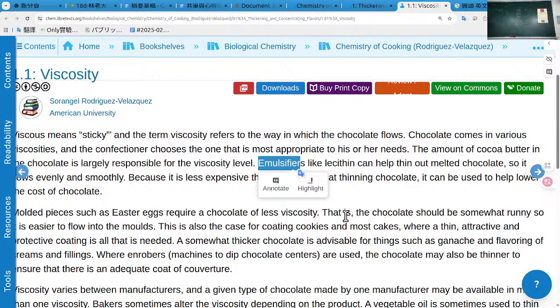Meanwhile, the detergent can bind and mix with the oil on my hand. After I flush it, the large amount of water will carry those materials away, because the soap has one side that is lipid soluble, the other side water soluble. Okay, and emulsifier is similar to this.